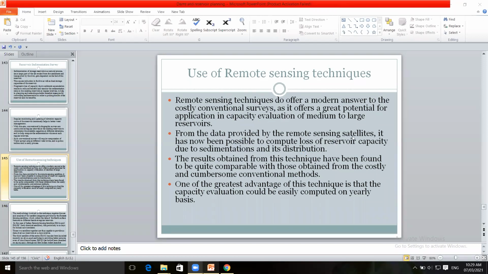The data is collected by these satellites regarding the loss of reservoir capacity due to sedimentation and its distribution. From this satellite data, it is possible to compute the loss of reservoir capacity due to accumulation of silt or sedimentation at the bed of the reservoir.